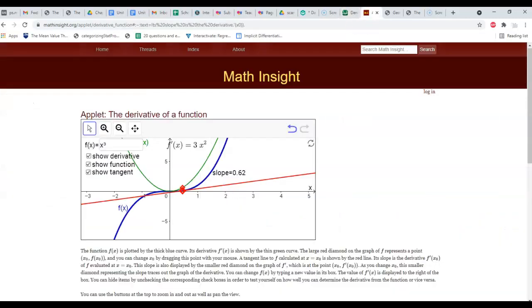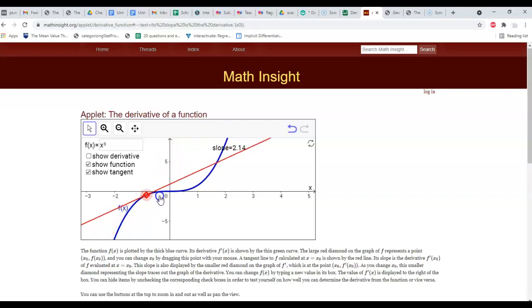Alright, let's try this last one. Your y equals x to the third is this blue one. That's the original function. So let's watch what happens here. My slope right here is very positive, right? The tangent line slope is positive, and getting smaller, so now 0.